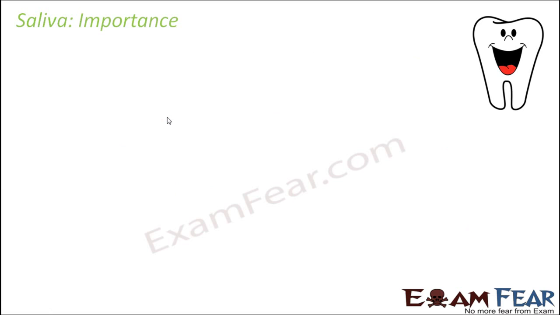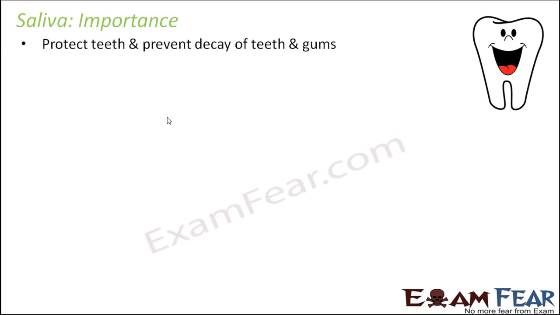Before that, let us look at the importance of saliva. Why is saliva so important? The spit which comes out of your mouth is also nothing but saliva, but it plays a very important role in different aspects. Some of its importance is that it protects the teeth and prevents decay of teeth and gums.